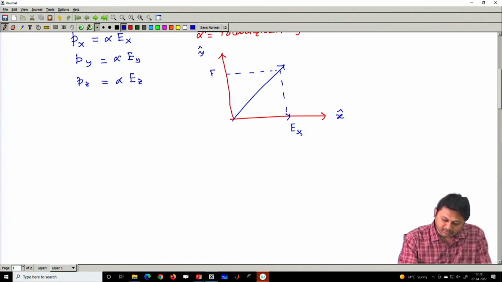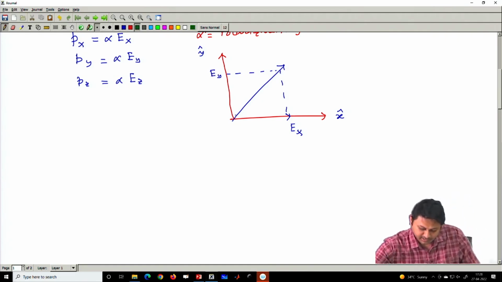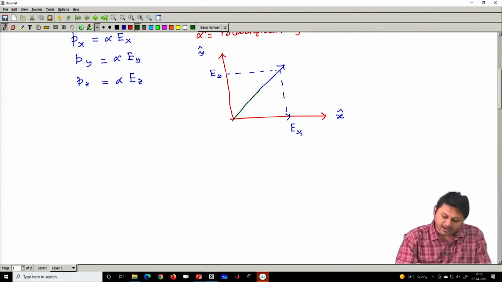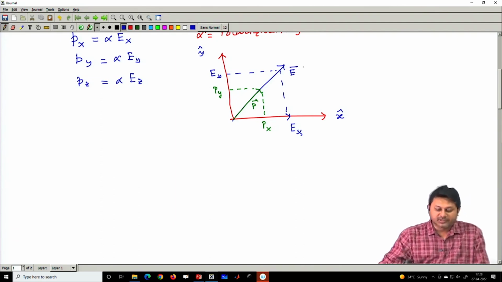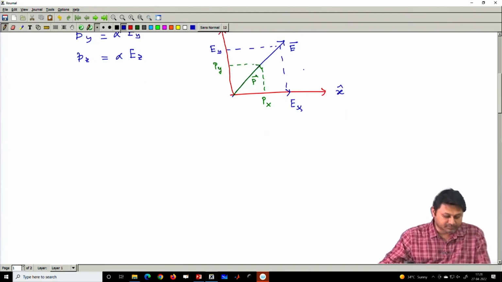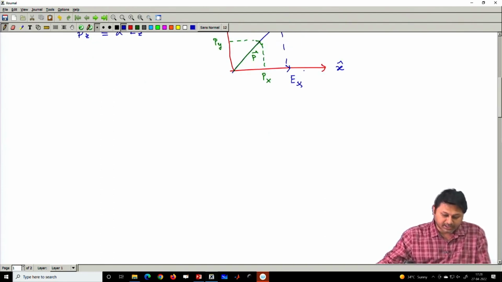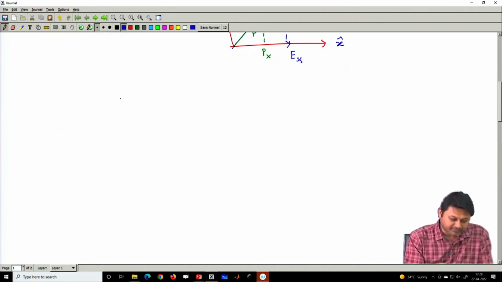The polarization is in the same direction, and I should also have Px here and Py here. This is my P vector and this is my E vector. This is the simplest case, but alpha may depend on the direction of the applied electric field.